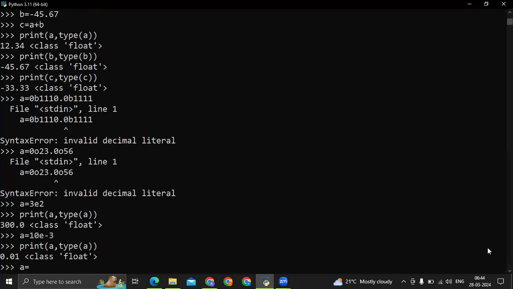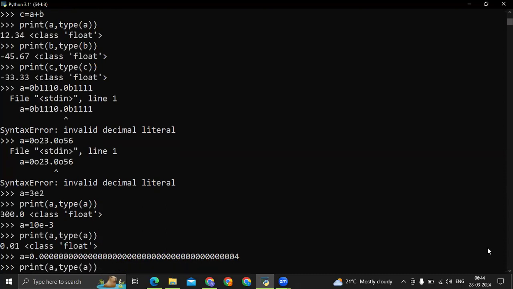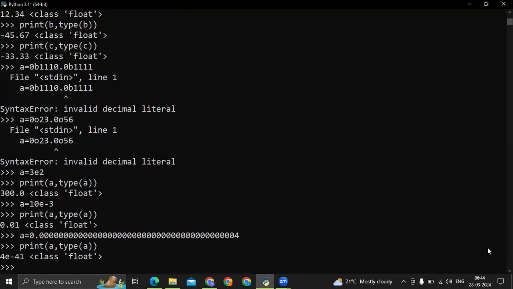Now if I write A is equal to 0.0000004, print A, type of A, see, 4E minus 41? It is saving the memory space. We need not write it out.